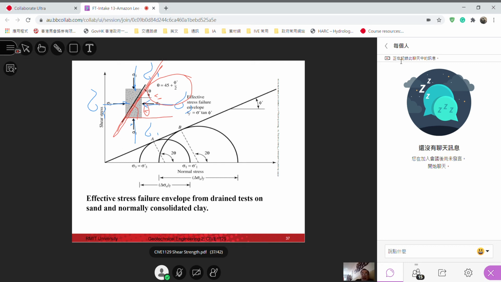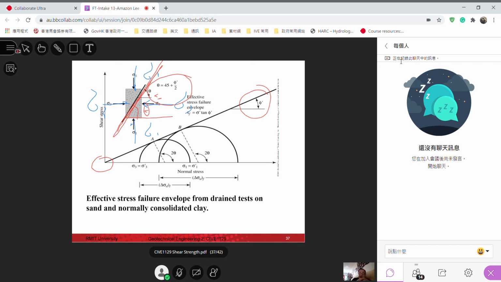Now, usually in the triaxial test, we will not do only one test. We will do a series of tests, usually at least 3 tests. Each test we will use a different confining pressure. We prepare 3 soil specimens, since we want to find out the cohesion intercept and the angle of friction more precisely.